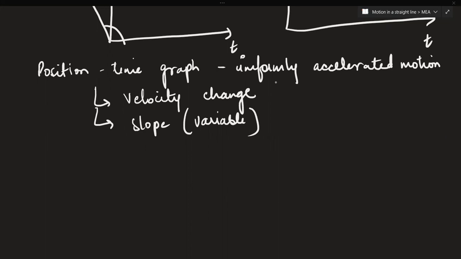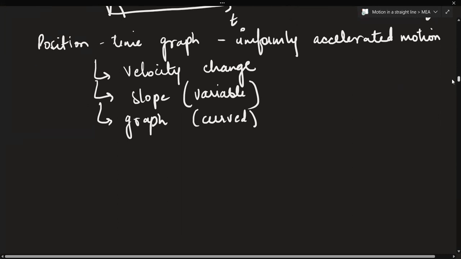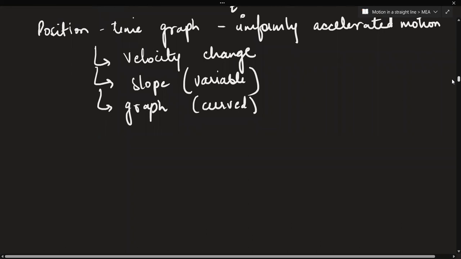So slope is variable, and here you will get the graph which will be curved. Why? Because obviously in case of uniformly accelerated motion, velocity kept on changing, changing at regular intervals of time.